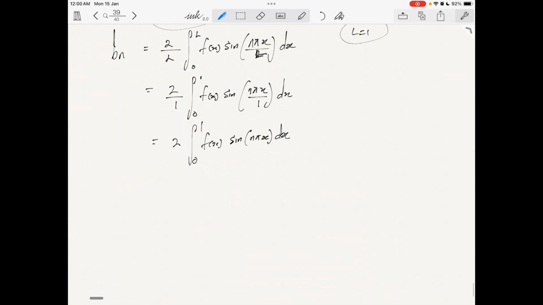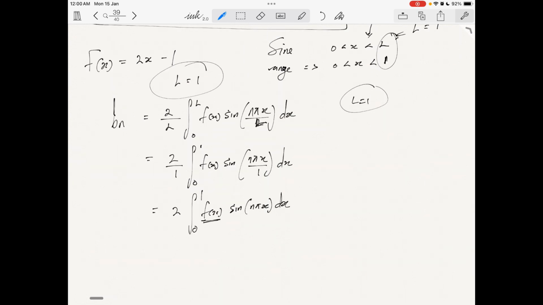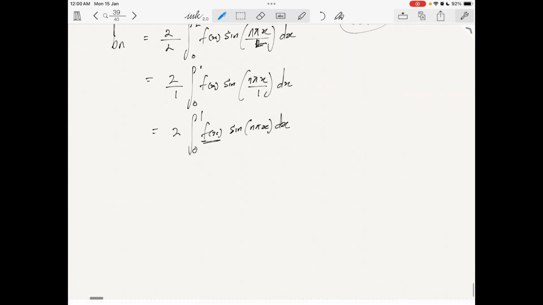Now proceeding on, we have to substitute our function f of x as 2x minus 1. So this will give us 2 integral from 0 to 1 of (2x minus 1) sine n pi x dx.